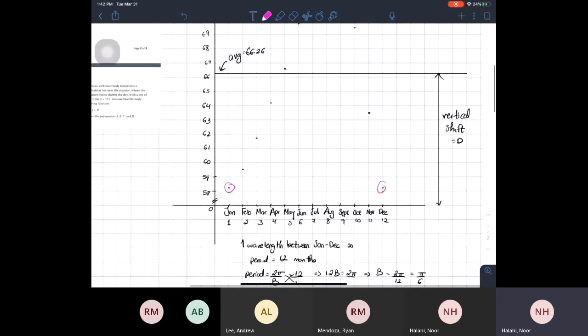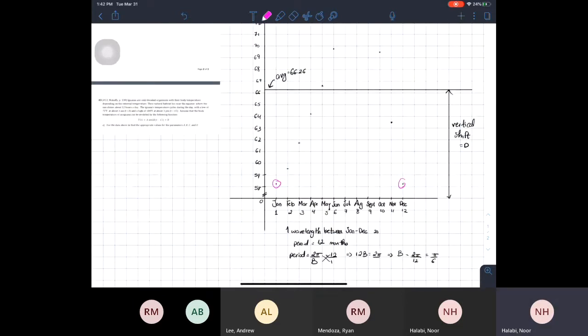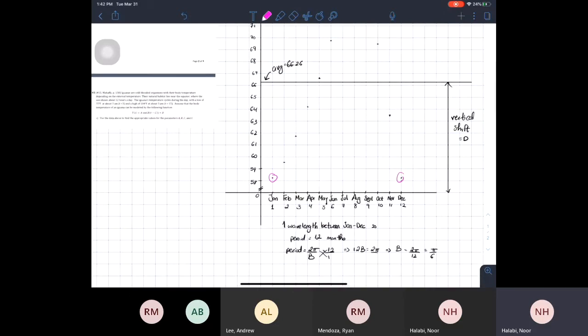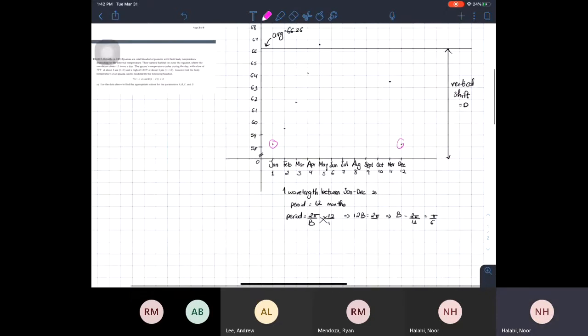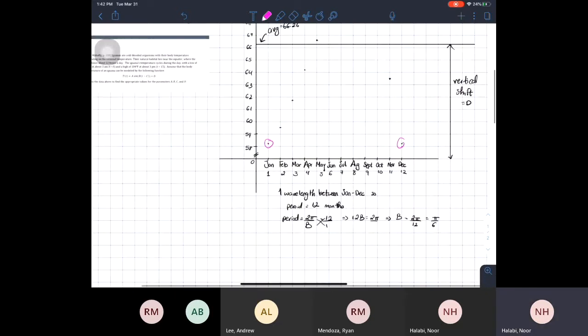So it's like the graph is starting over because cosines oscillate, so it's basically the same graph over and over again. The graph started here and ended here because it's going to start again later. And so I know that there was one wavelength between January and December, so the period was 12 months.